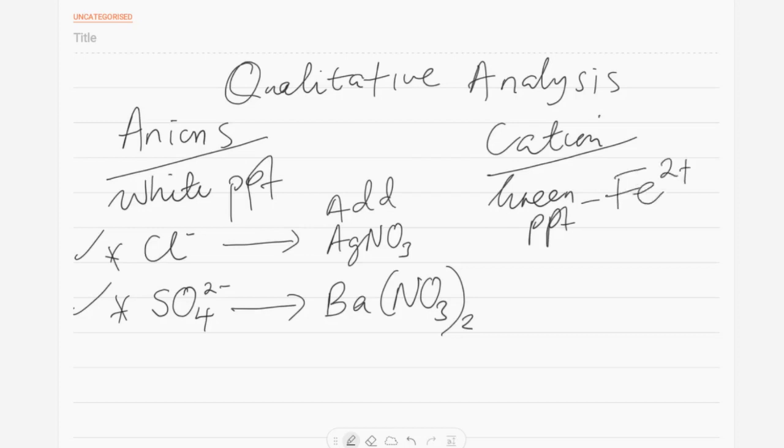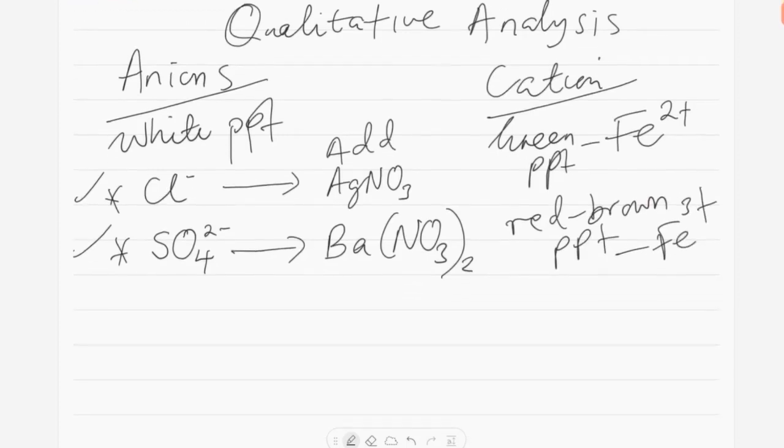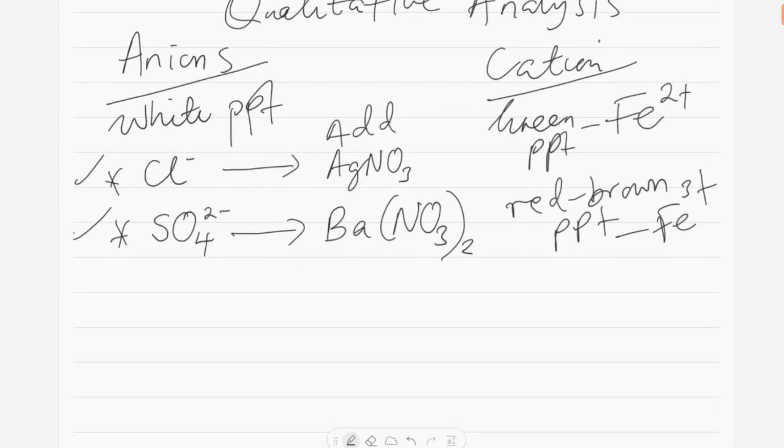Also, the ion that gives us a red-brown PPT is iron 3. So with this information, we can answer the question.